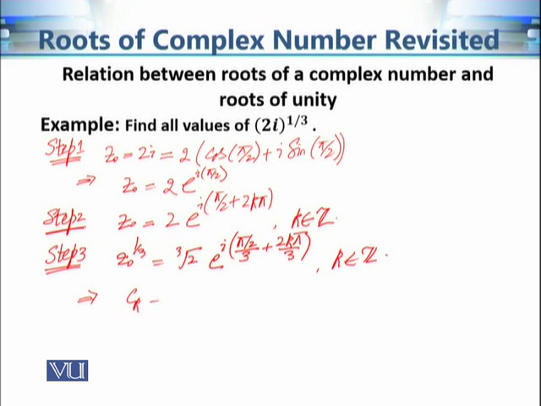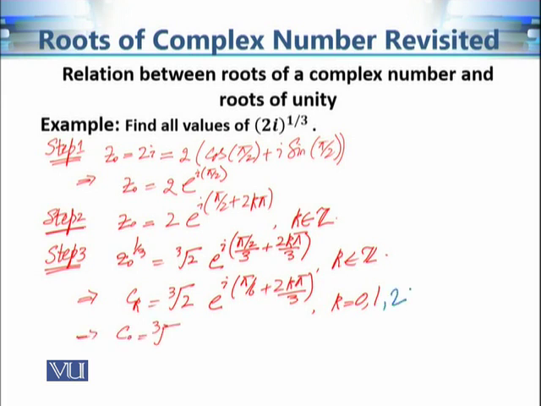So in other words, we can say that these cube roots of 2 iota become cube root of 2 multiplied with e raised to power iota (pi by 6 plus 2k pi by 3), where k varies from 0, 1 and 2.